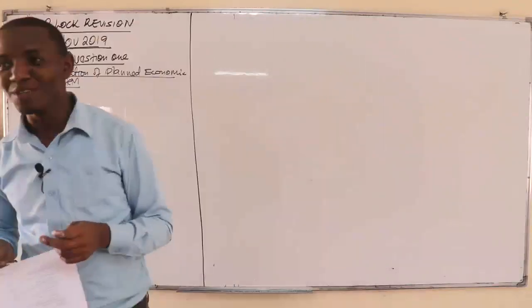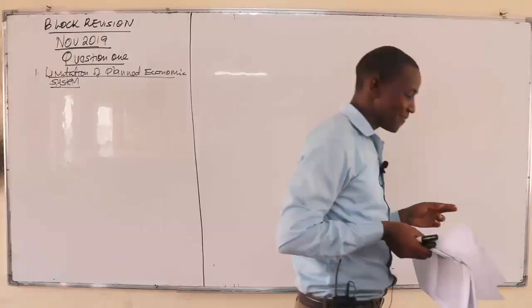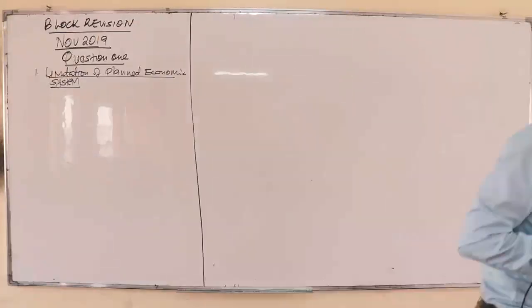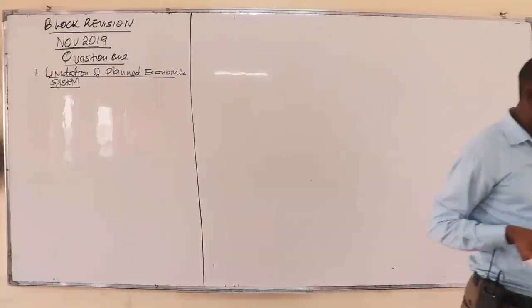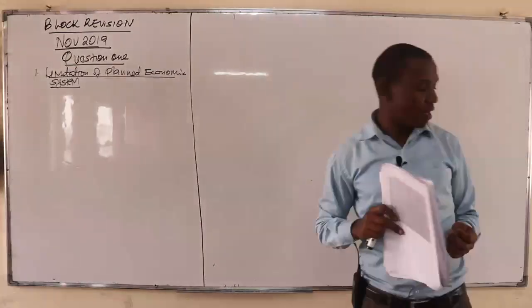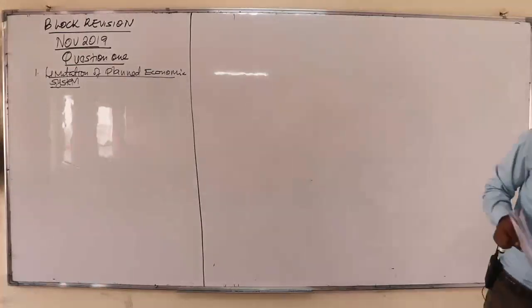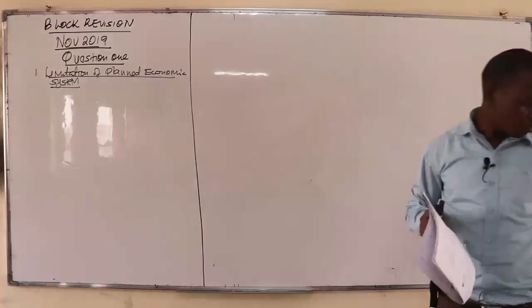Did we talk about the same? The advantages or the characteristics of the free market economy. We talked about the ownership of private property, the freedom of choice and enterprise, and self-interest, whereby you can pursue your own personal goals.